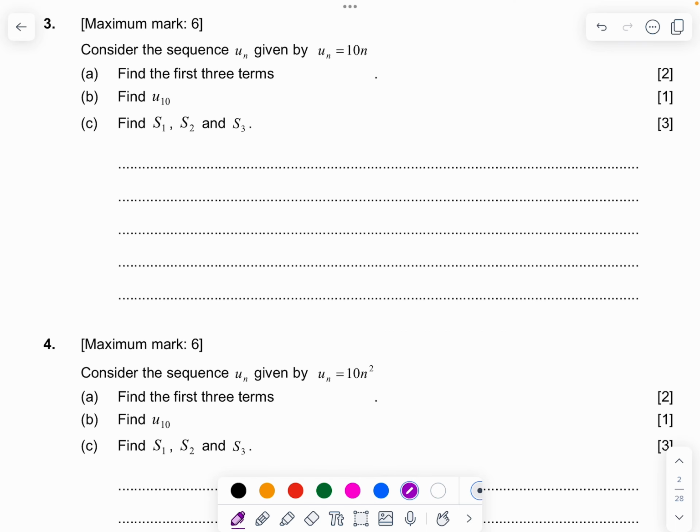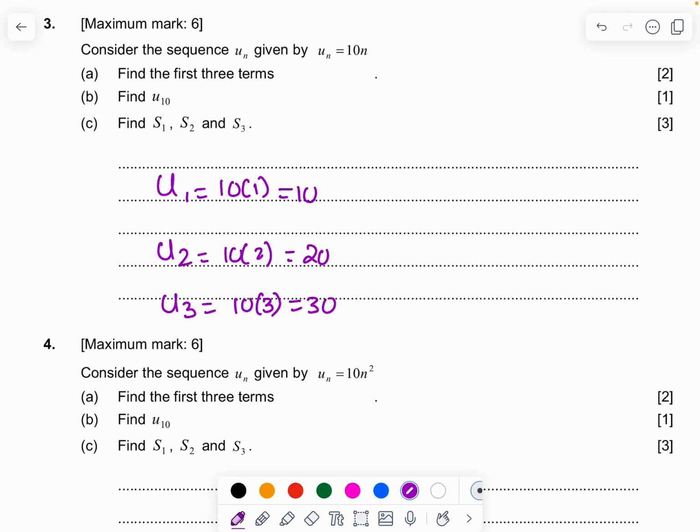Next, consider un equals 10n. Find the first 3 terms. So u1 will be equal to 10 times 1, which is 10. u2 is going to be 10 times 2, which is 20. And u3 equals 10 times 3, which is 30. Now part B, u10, which is 10 times 10, which is 100.